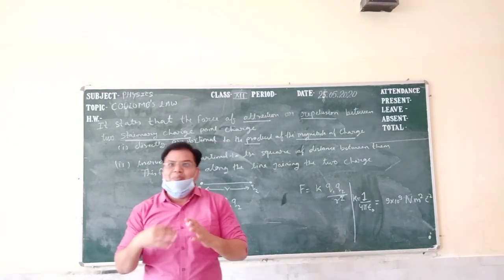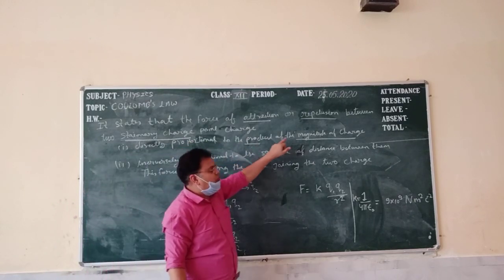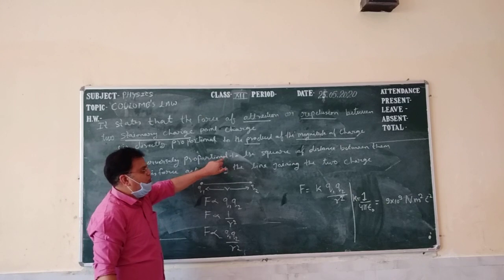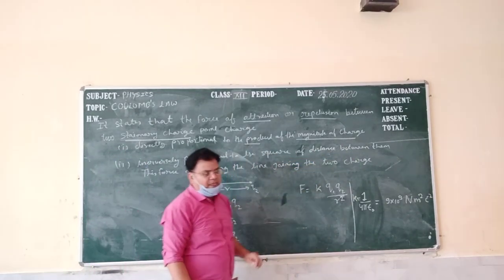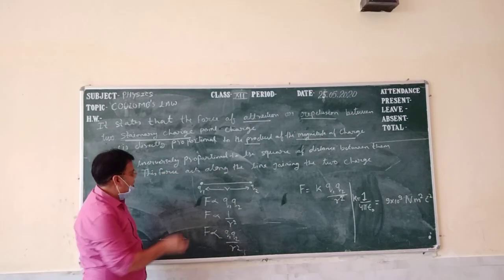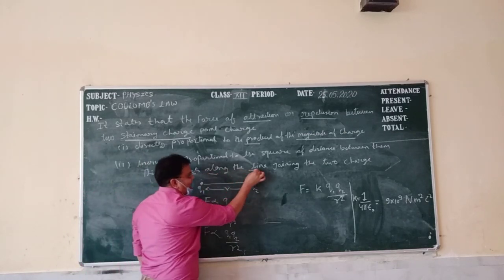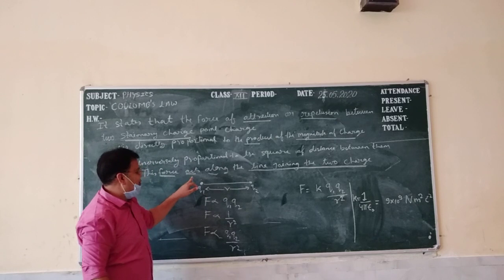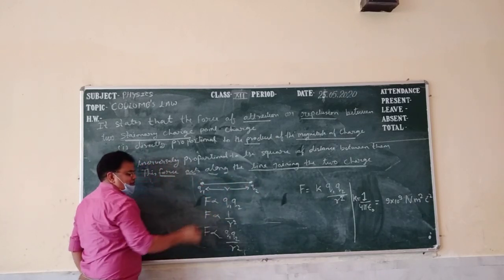It is directly proportional to the product of the magnitudes of the charges and inversely proportional to the square of the distance between them. An important thing to note is that the force acts along the line joining the two charges. The force acting between them is always along the line joining the two charges.